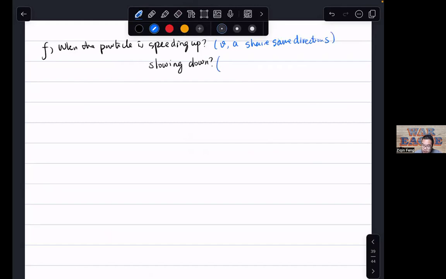And slowing down means they have different directions. One goes positive, the other one tries to pull, to slow down the particle, so they have different directions.